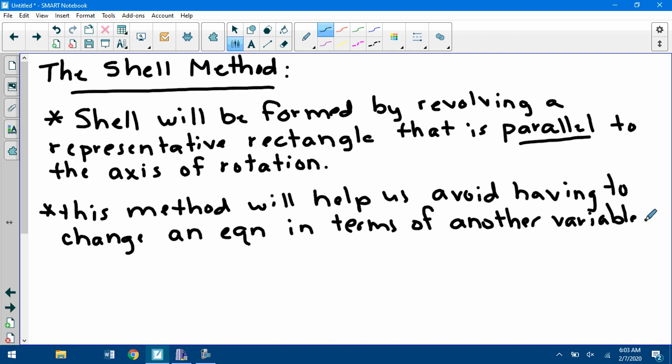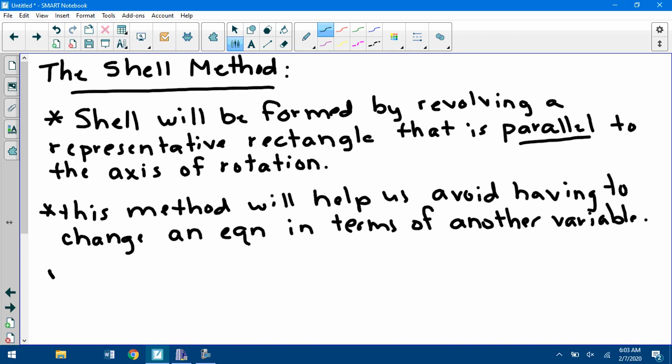And the nice thing is it works whether the other method would have been a disk or a washer. So basically, if I know how to do the shell method, I never have to rewrite my equations in terms of other variables. I can always keep it how it's written originally, if that's easier for me, and get the same answer.